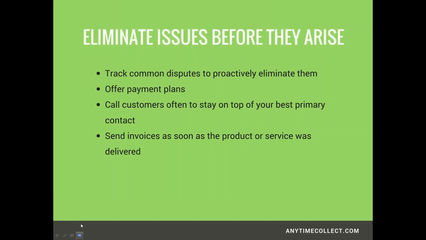So how can you be proactive in your department to eliminate the issues before they arise? Tracking common disputes to proactively eliminate them. Keep a tally, list off what your common disputes are, and see over the next couple of months what's coming up over and over again, and then figure out a process of how you can make sure that you're getting rid of those disputes before they even happen, whether that's, as we talked about before, they might not be able to know where the remit to date is, or the remit to is on your invoices.